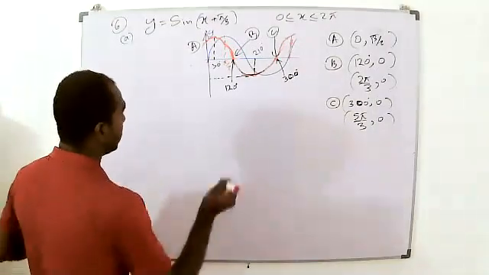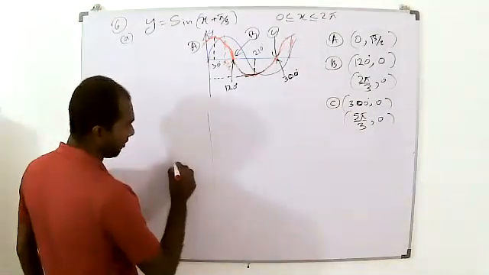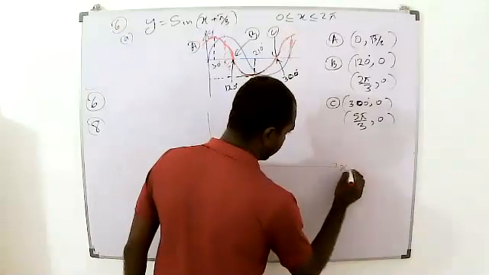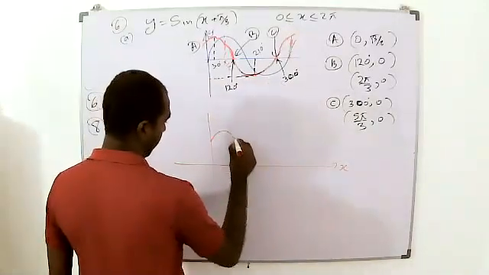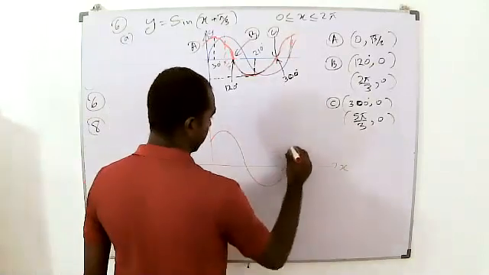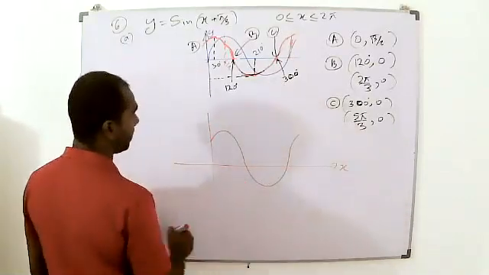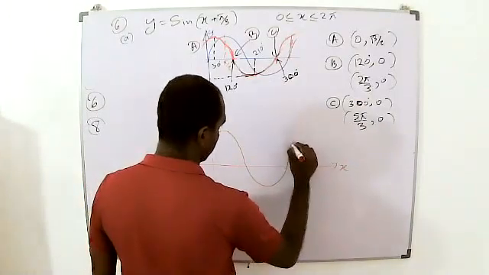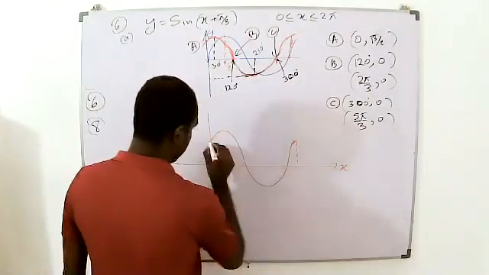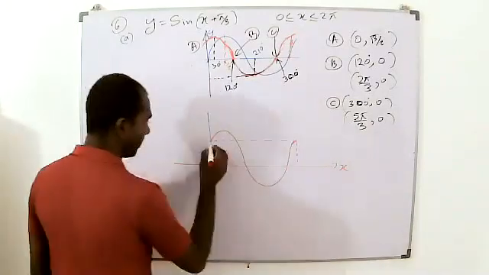So now I will draw our required curve only here to make more sense. It's something like this. This is the same line, no?